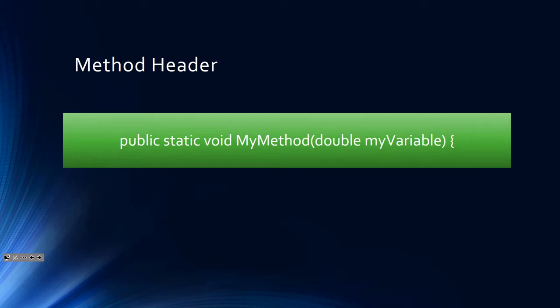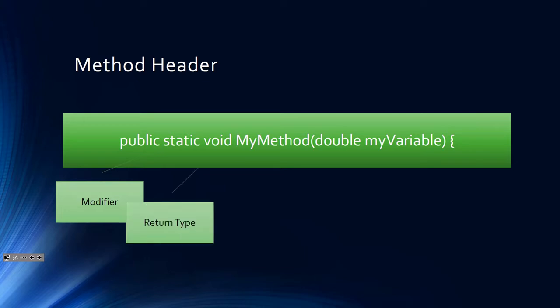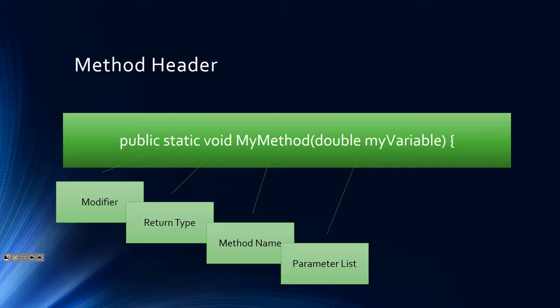Next, my method is the name of the method header. And within the parentheses is a list of all the parameters or inputs that our method needs. So static is a modifier, void is the return type, my method is the method name, and then our parameter list is within parentheses.